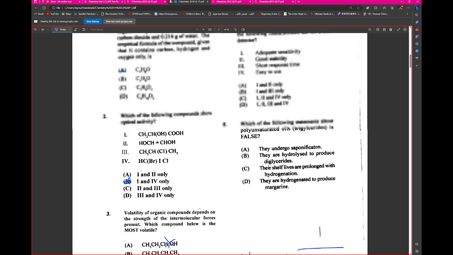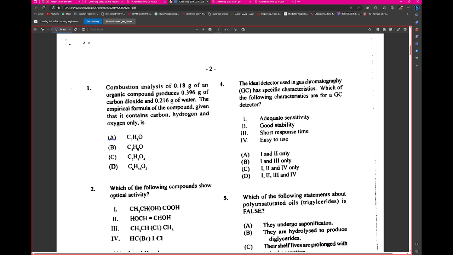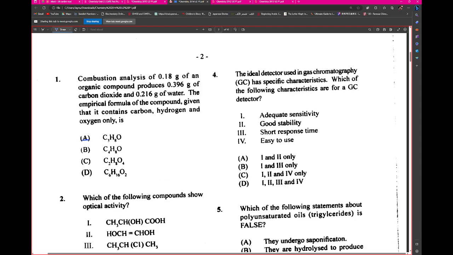All right, so let's move up. Number 4. The ideal detector used in gas chromatography, GC, has specific characteristics. Which of the following characteristics are for a GC detector? I know that it's very sensitive.